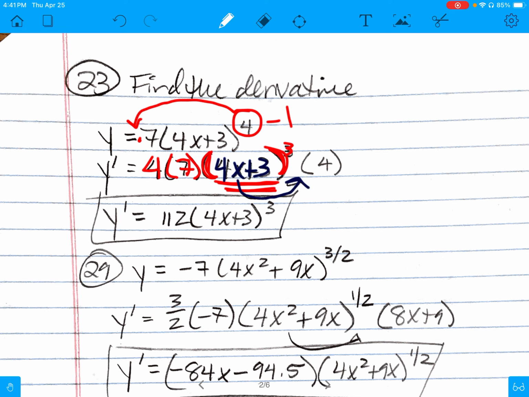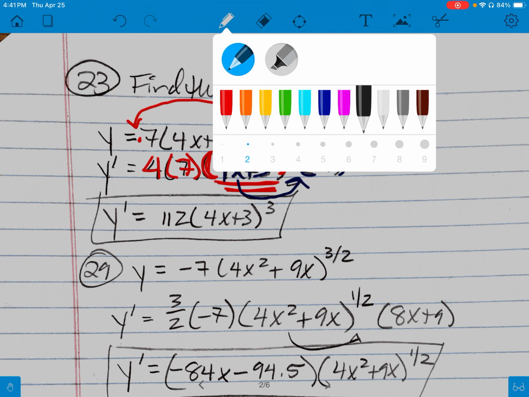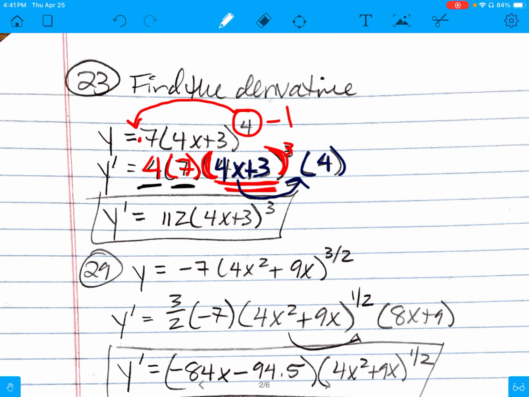Well, the derivative of 4x is 4, and the derivative of plus 3 is just 1. So we don't usually show that part. So that is how the application of the chain rule works. Everything else that happens after that is just simplifying. So we have a 4 times a 7 times another 4. That's 112. That goes out front of the parentheses. And then we have the quantity 4x plus 3 cubed.